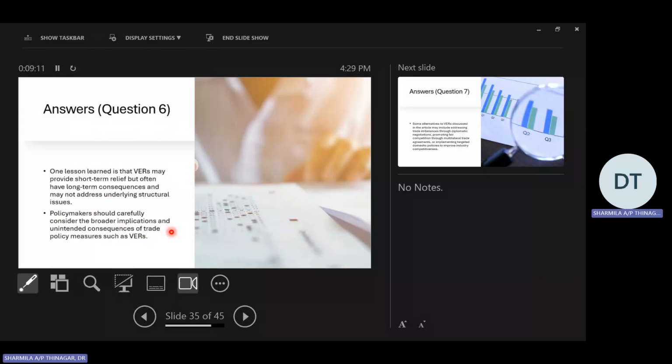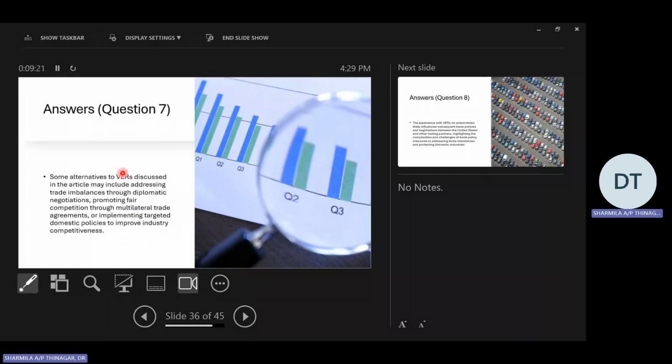And number 7, what is the alternative? Like I mentioned, what are the other choices that you have? That might include trade balances. You can have a negotiation, that means you talk between two parties and try to negotiate, so that is diplomatic negotiation. Or you promote fair competition and multilateral trade agreements. What is multilateral trade agreements?